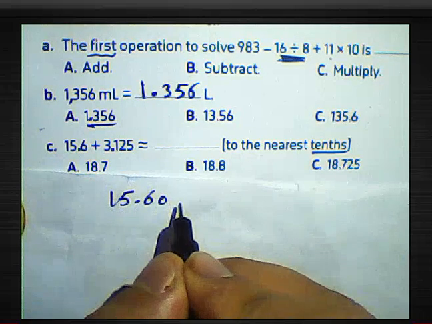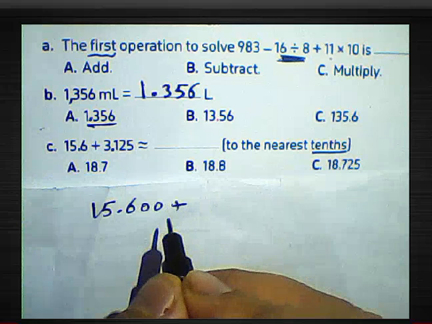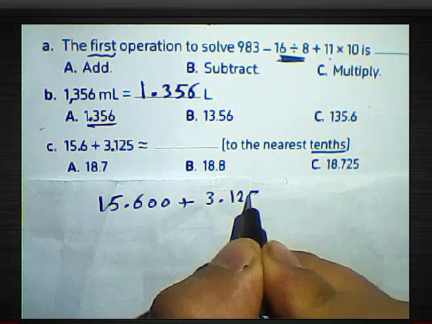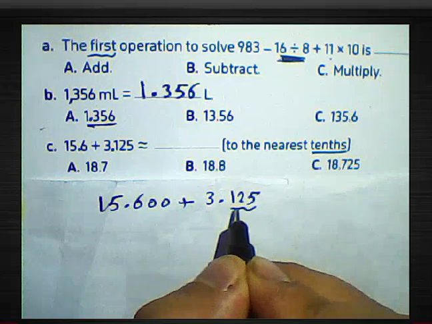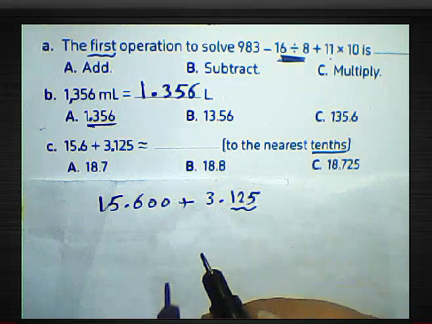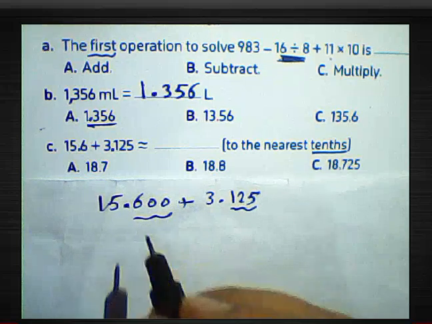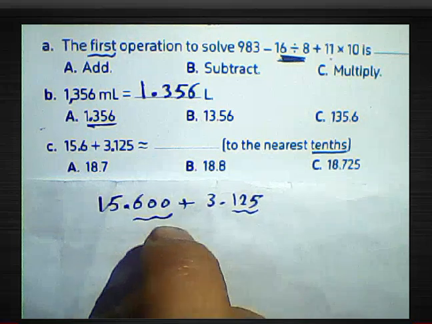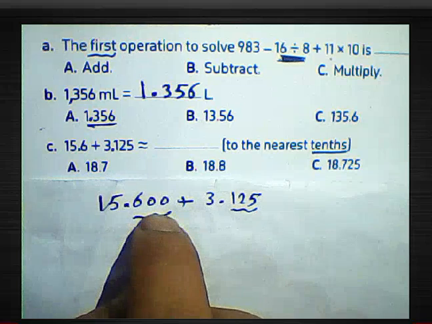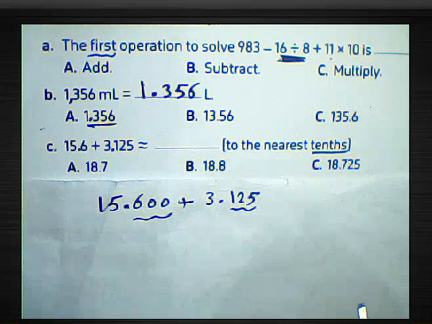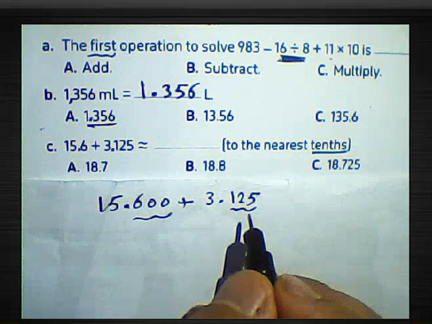We must add double zero here to equalize the places because 3.125 has 3 digits behind the point. So in this number we must also have 3 digits. Then you must write double zero here. Okay, make sure the decimal places are equal. Then you can find the result.